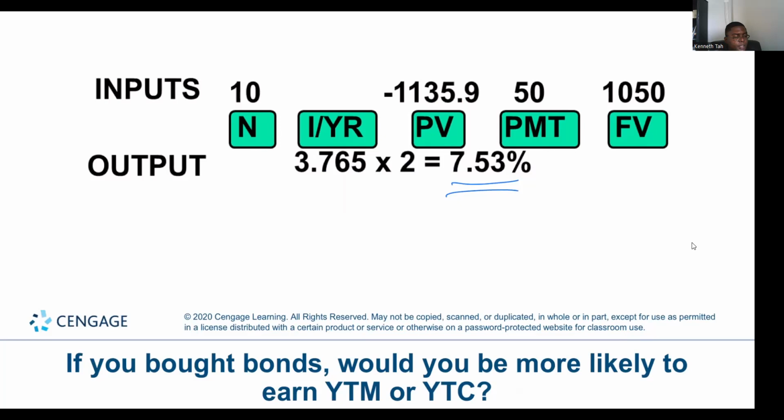Our payment is 10% of 1,000 divided by 2. And then the future value is the call amount, which is 1,050. So that gives us compute I/Y, which is 7.53.